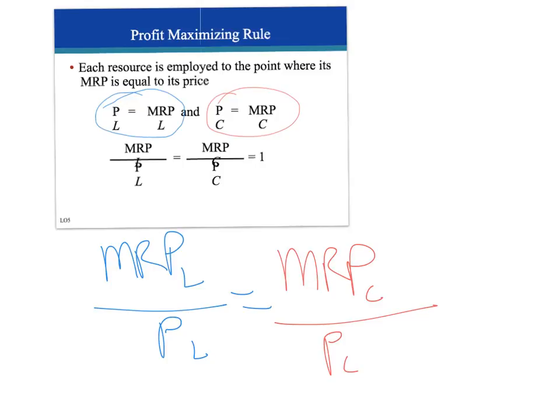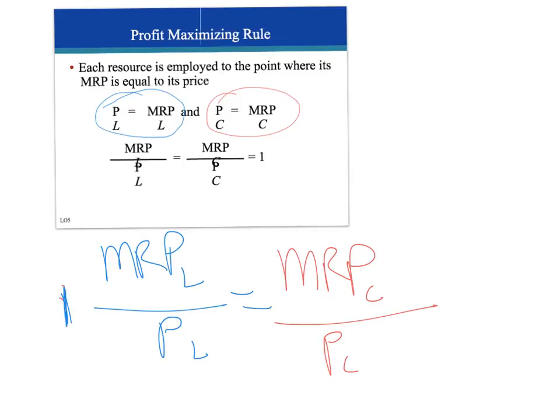Okay, and so since the marginal revenue product of labor is equal to the price of labor, for example, if the marginal revenue product of labor is 8 and at its profit maximizing point the price of labor is 8, then the ratio should be 1. Well, let me do this in blue. 1.